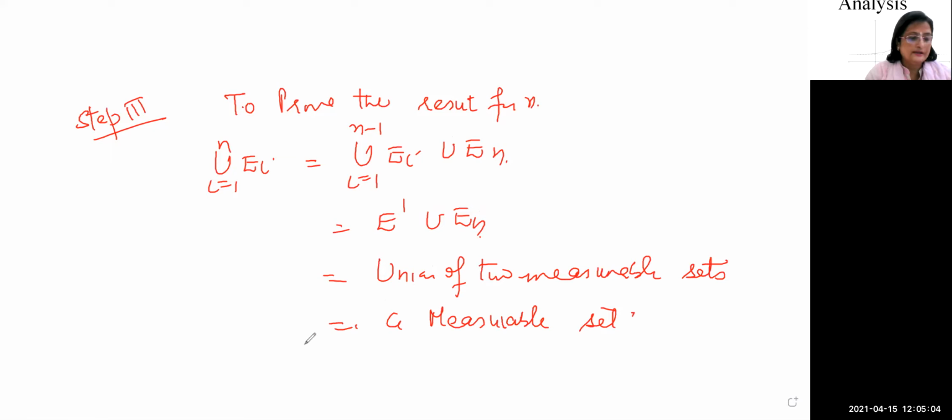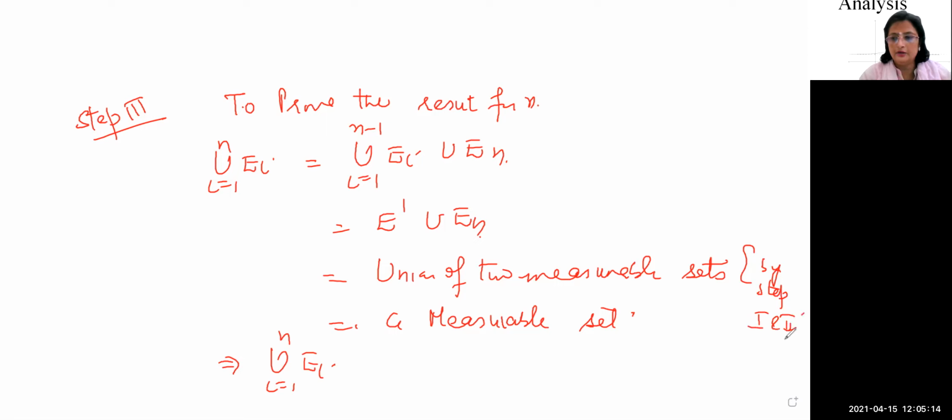It implies the union of Ei, i running from 1 to n, is measurable, by step number 1 and 2. So by the principle of mathematical induction, the result is true for n, hence it is true for all natural numbers n. So we have proved that this is a measurable set for all n belonging to N.